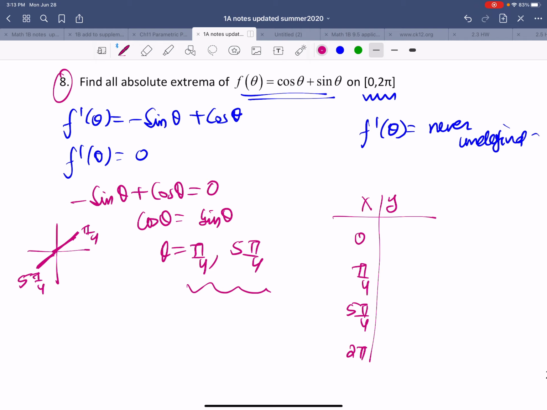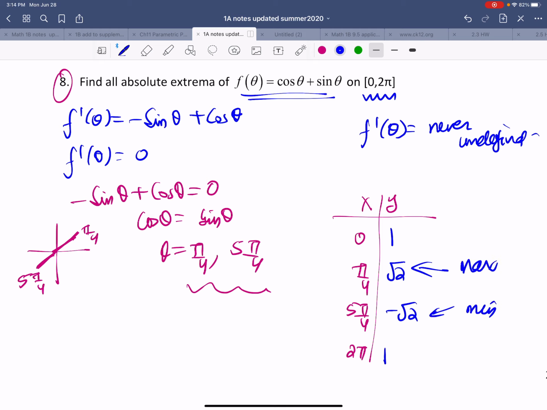When x is 0, y turns out to be cosine of 0 plus sine of 0, which is 1. When x is 2 pi, again I have a 1 here. At pi over 4, cosine pi over 4 plus sine pi over 4 is root 2 over 2 plus root 2 over 2, that would be root 2. And it's going to be negative root 2 in this case. And there's my max, and there's my min.